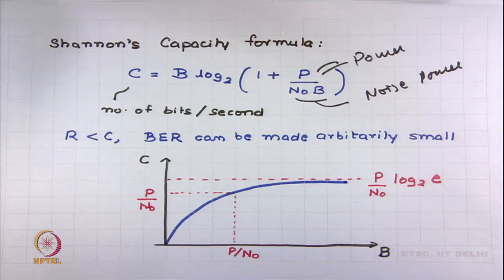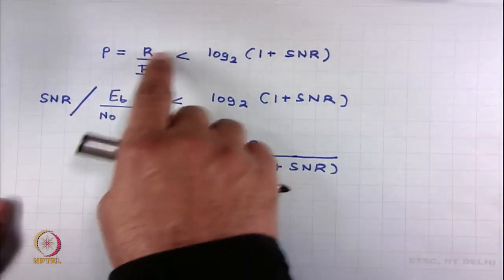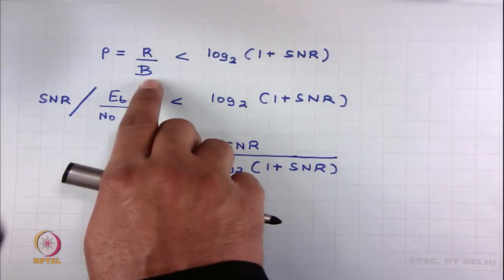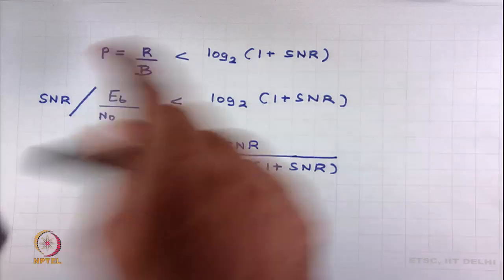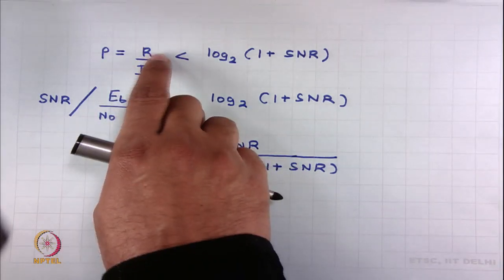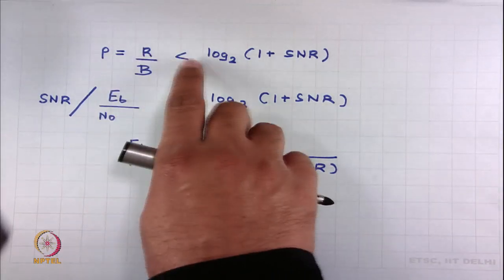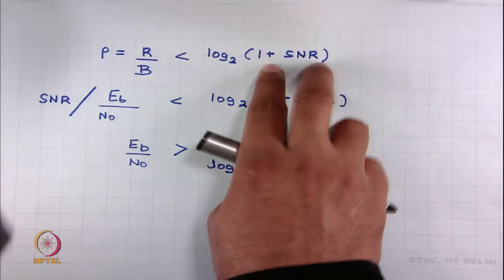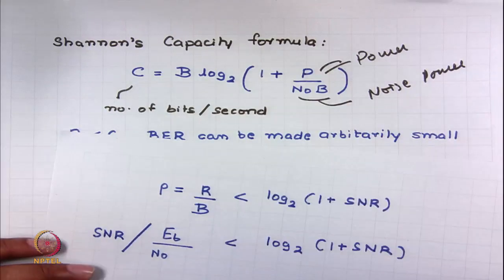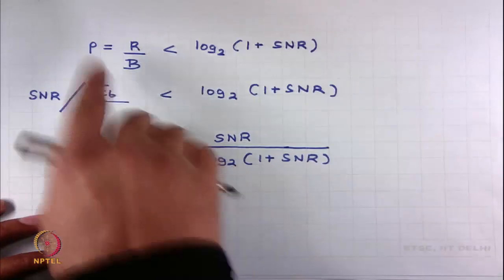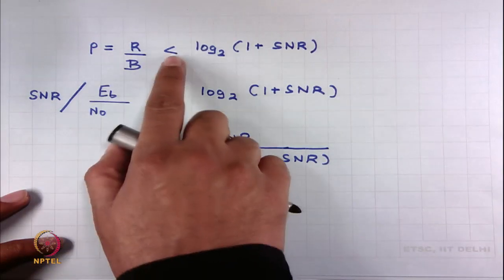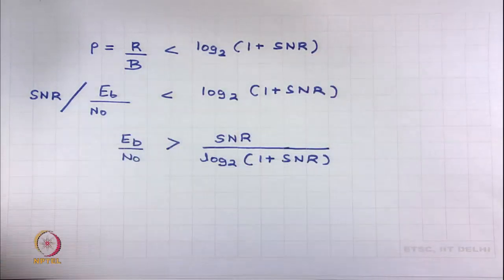Then we see that the spectral efficiency we already have seen is rate divided by B. So, it simply says that spectral efficiency should be less than log to 1 plus SNR. So, what we are saying is spectral efficiency should be less than log to 1 plus SNR.